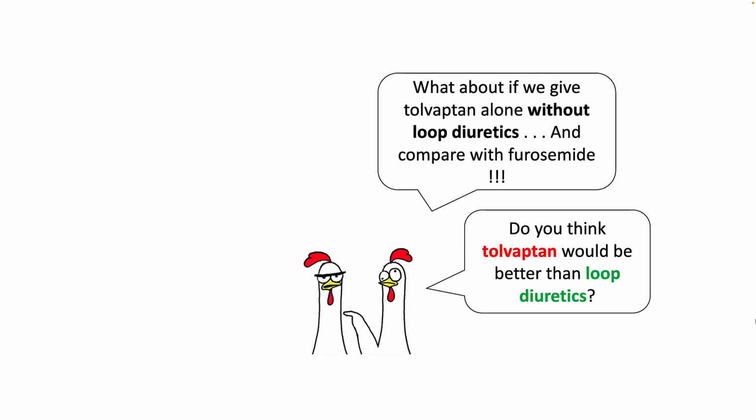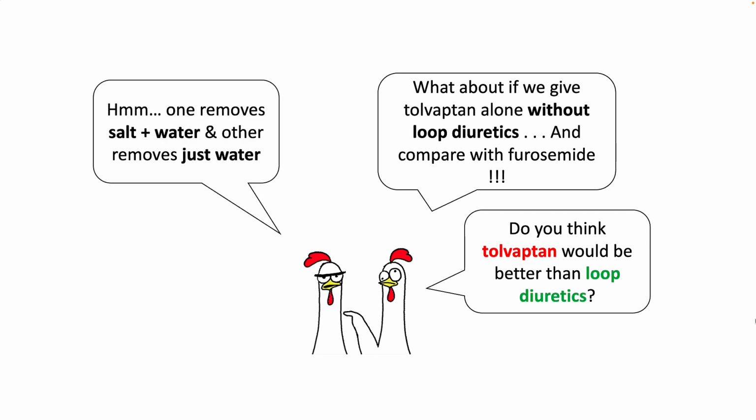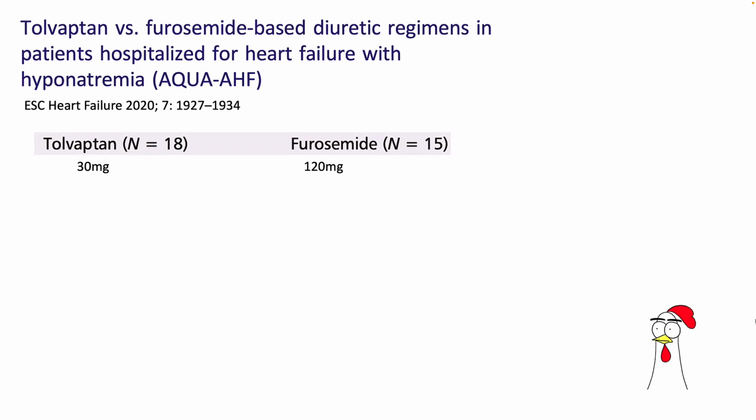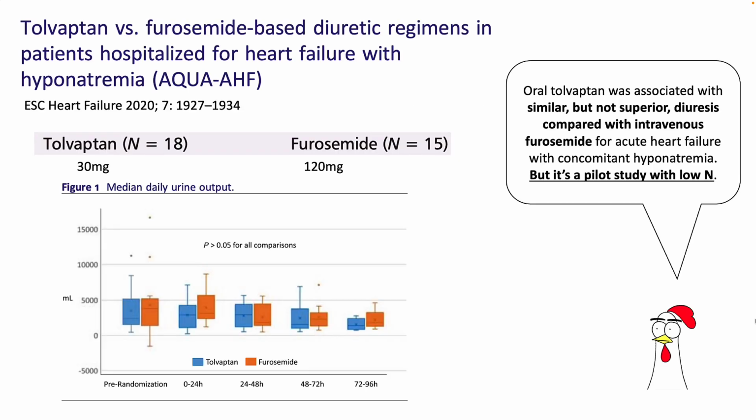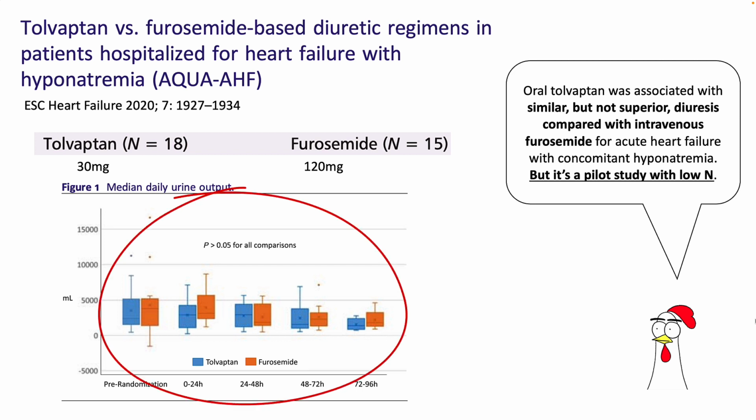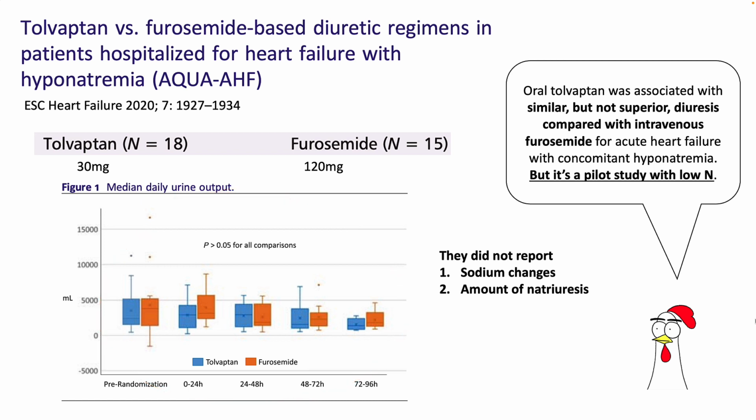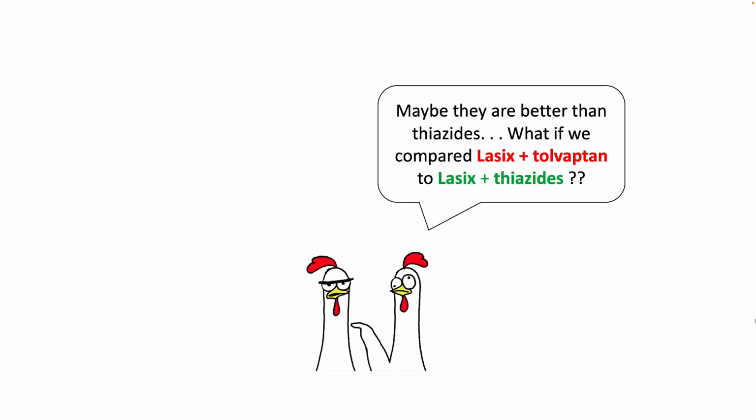What if you compare tolvaptan with loop diuretics? Remember, one of them just removes water while the other removes salt and water. And in the AQUA-AHF trial, they studied furosemide versus tolvaptan. This was a small study, but they noted a similar amount of diuresis. However, they did not report any changes in sodium or natriuresis in the study.